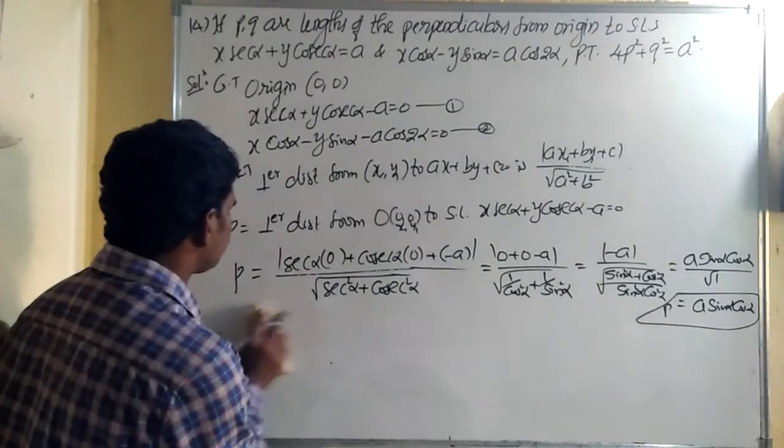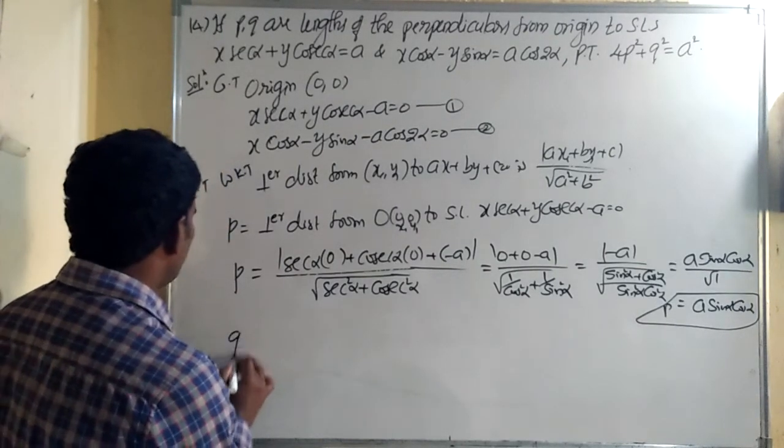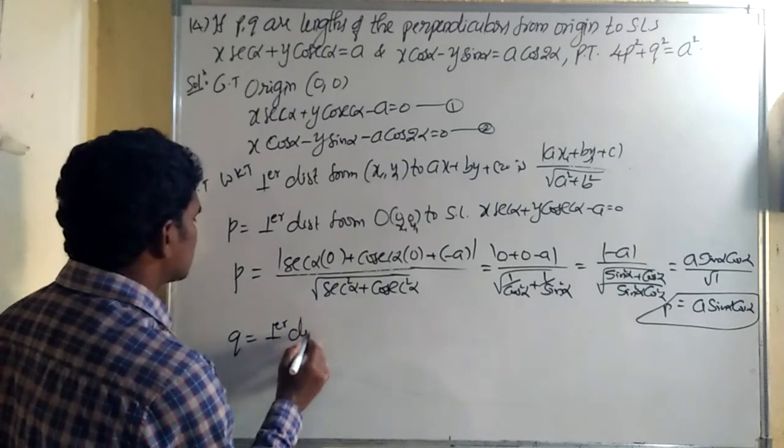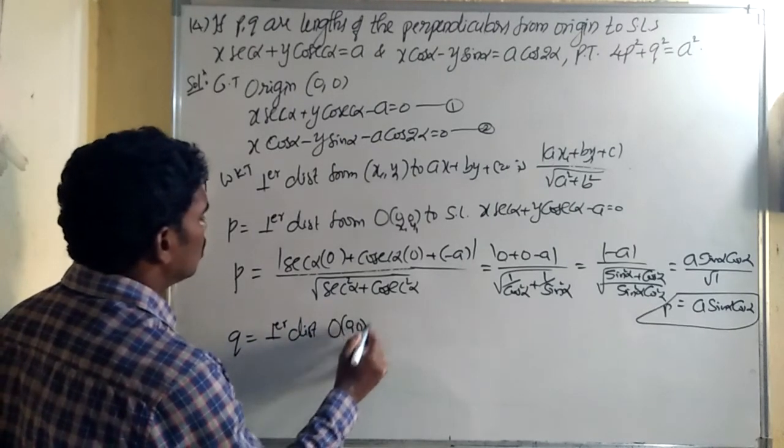Next, similarly, what is q? Q means the perpendicular distance from 0, 0 to the second line.